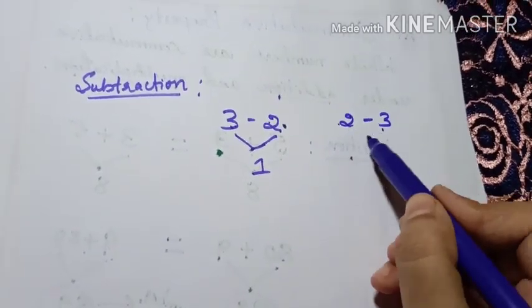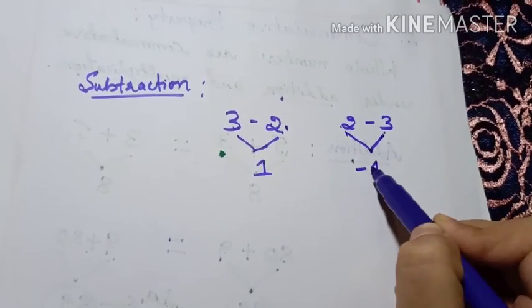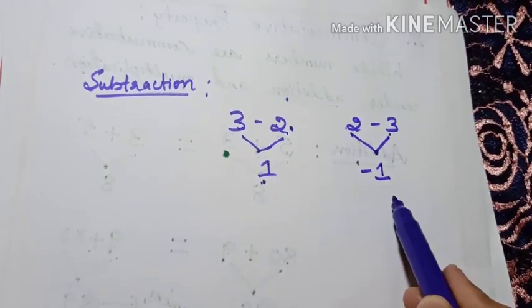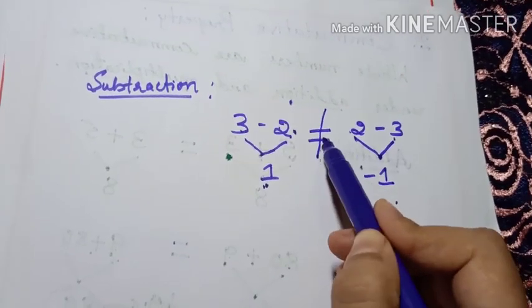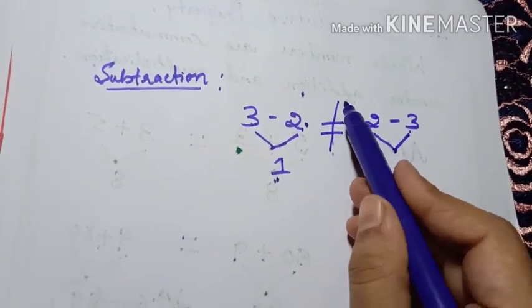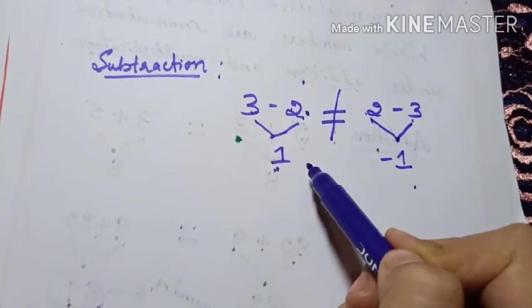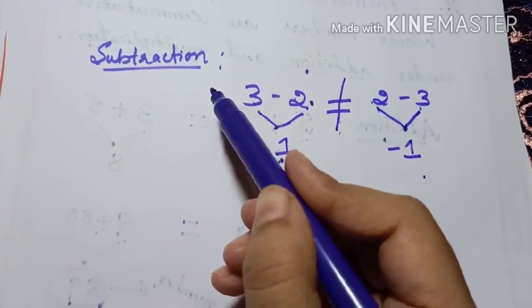So 2 minus 3 is, what is the answer? It is minus 1. And 1 and minus 1 are not equal. This is the symbol which represents not equal. Fine. Hence, this does not satisfy the commutative property under subtraction.